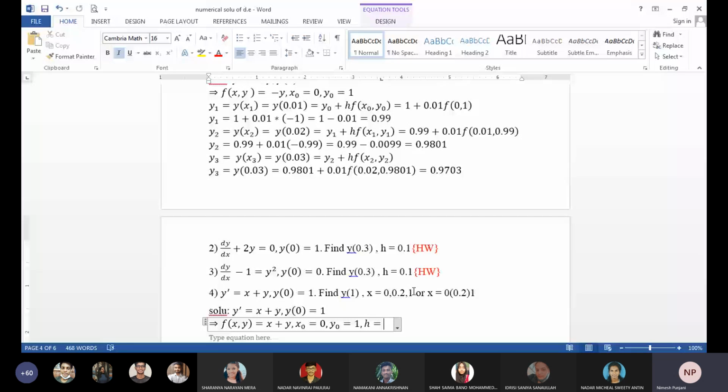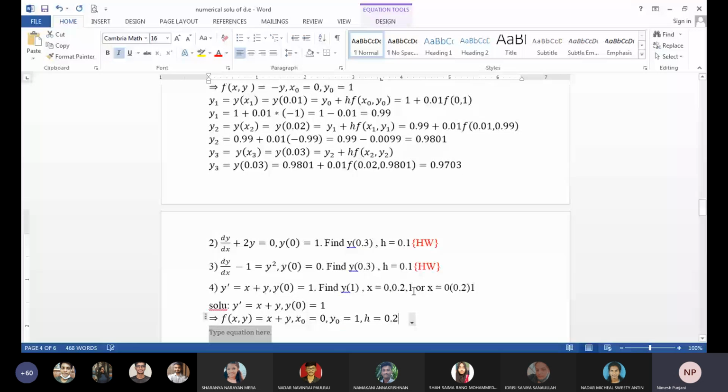That means the last value we have to find, y of 1, will it be y4 or y5? We have to find y of 1, so will that be y of 4 or y of 5? Okay, we will see.